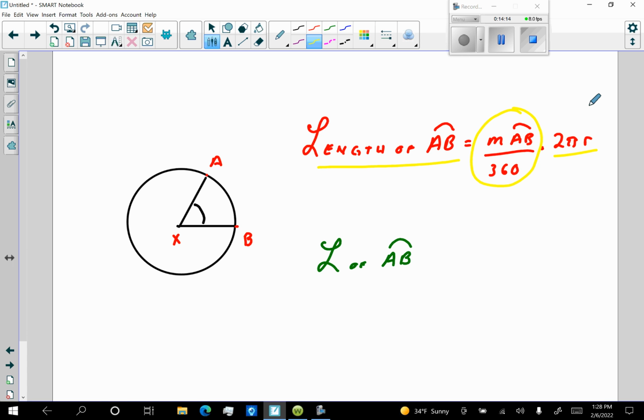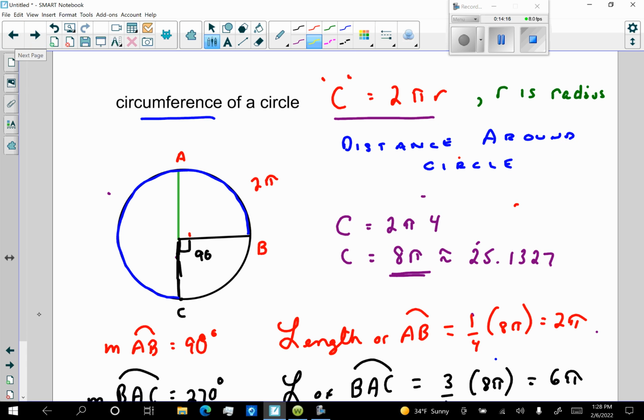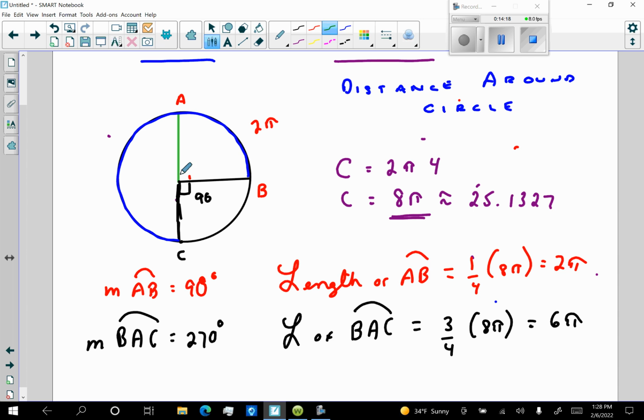And if I go back to my previous slide, that works. If I was talking about this one right here, well, that's 90. What is 90 divided by 360 times the circumference, which was 8 pi? That one right there was this 2 pi.